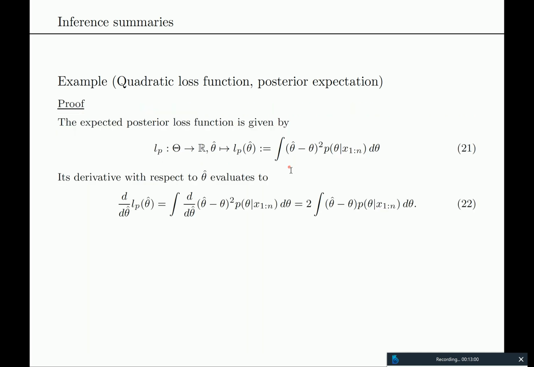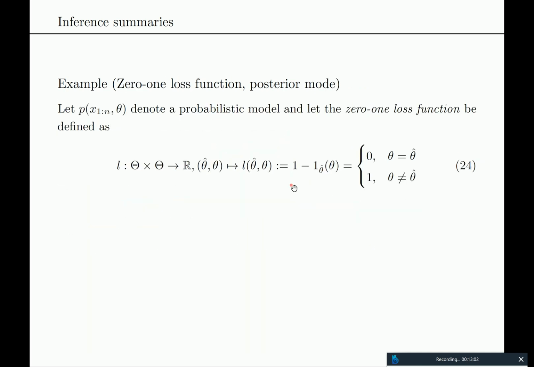Because now we look at a different loss function. This would be the 0,1 loss function, which penalizes a deviation from the true but unknown value with a 1. So that's the biggest loss you can incur here.